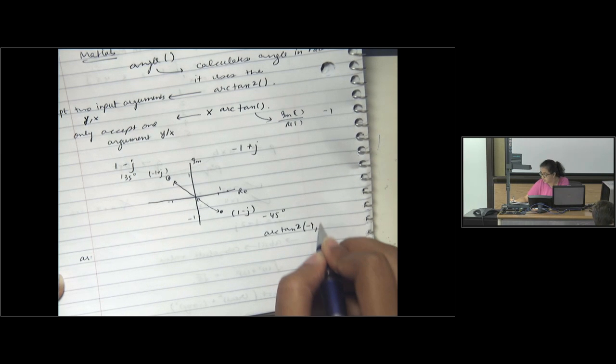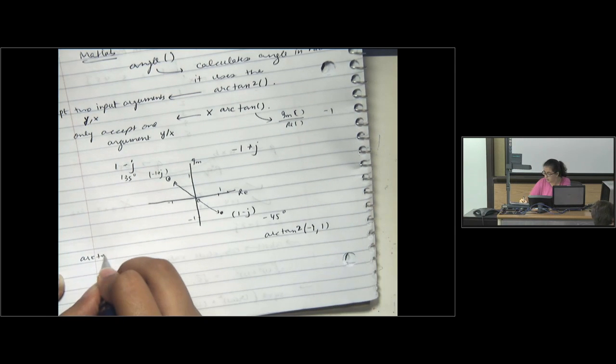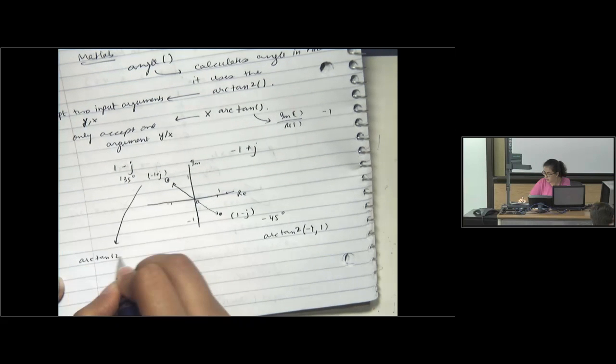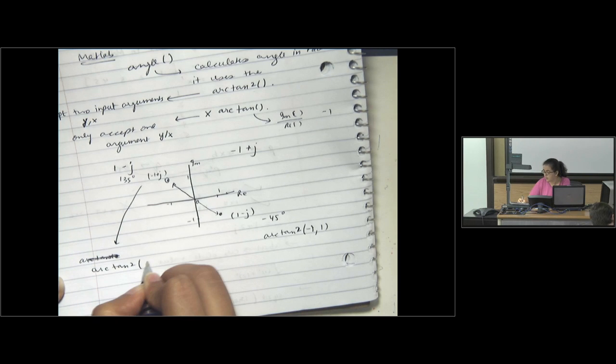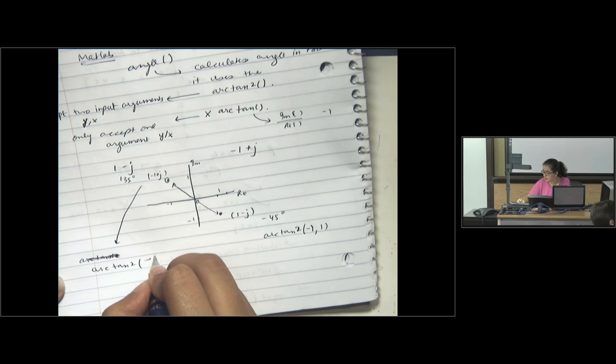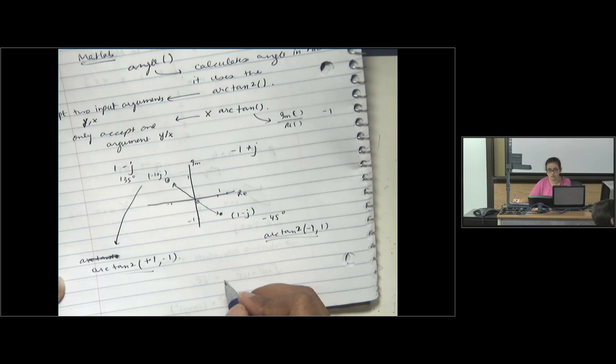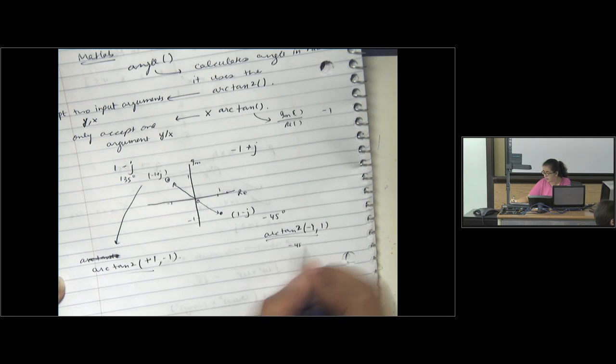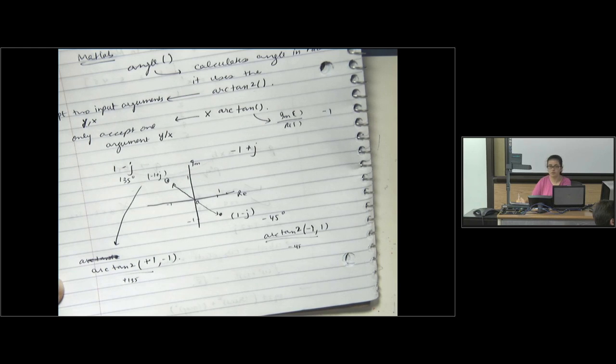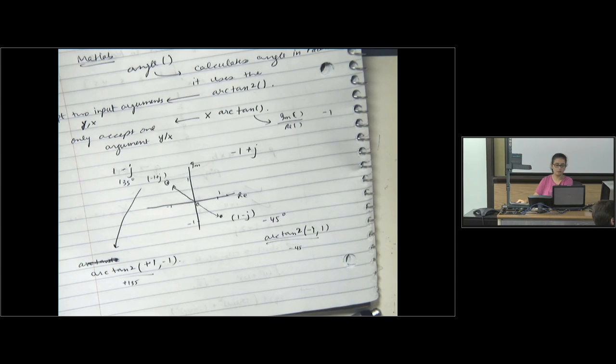So you have minus 1 and 1 for the first, and plus 1 and minus 1 for the second. These will give you different results: minus 45 and plus 135. Now going back to MATLAB.